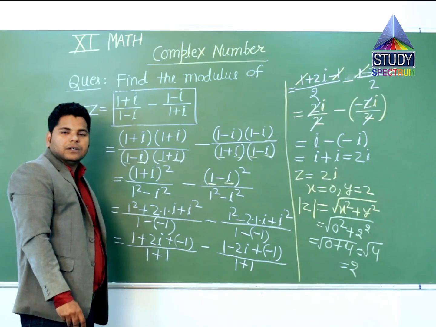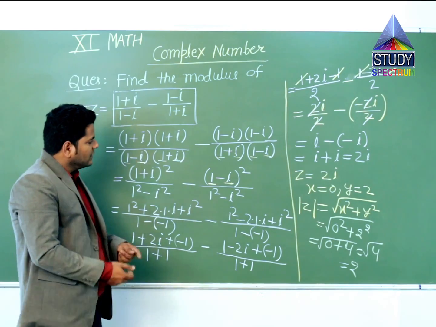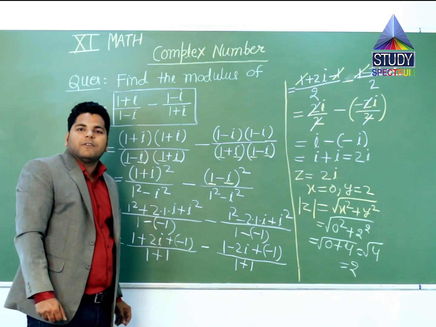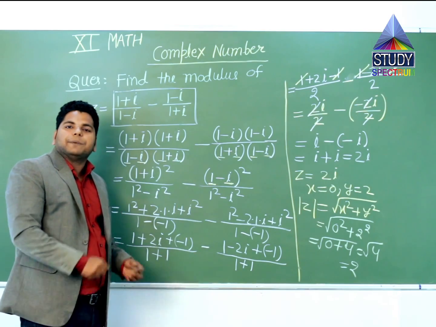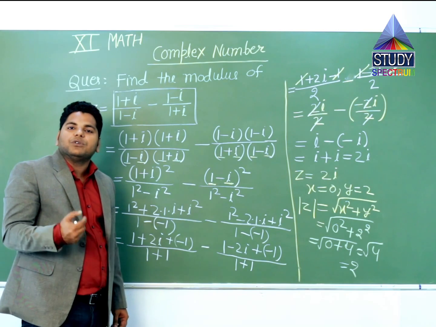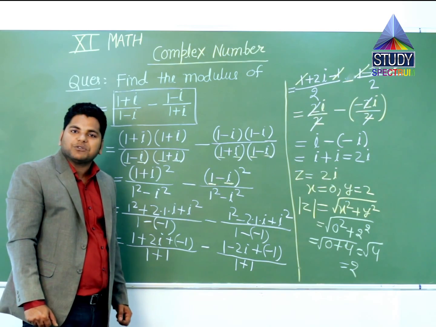Got it? So the answer is 2. We expressed the whole complex number in terms of x + iy, and after that we used the formula for mod z, which is the square root of x² + y².